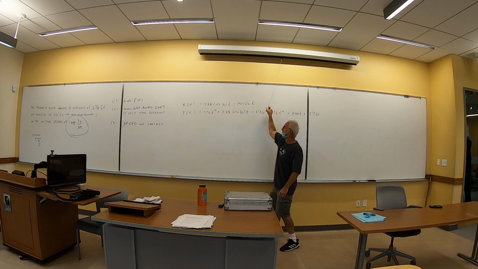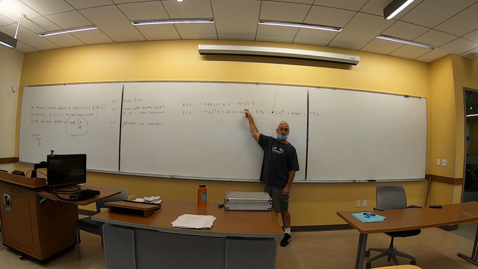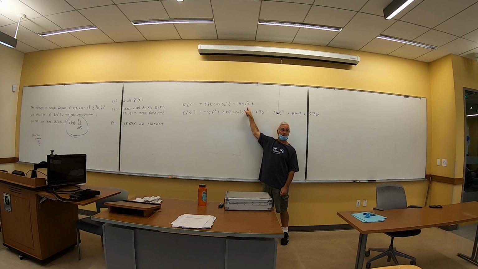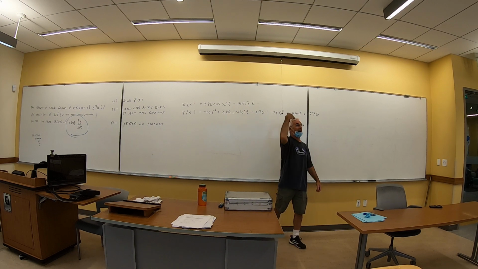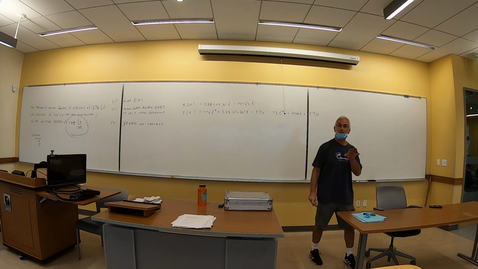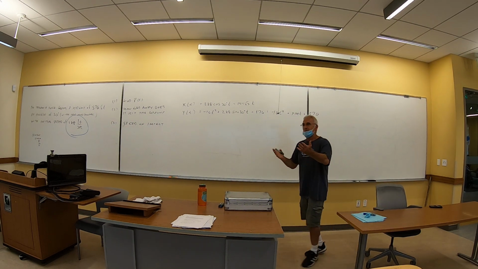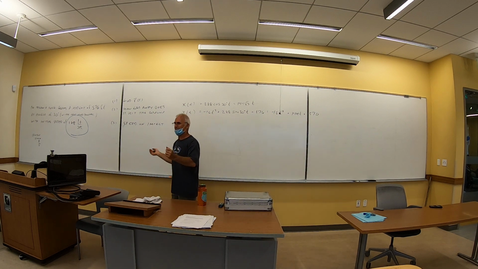This is not the answer. X of t is 144 root 3 multiplied by whatever time I put in. I can approximate that result. You do not approximate this. This is a coefficient. A coefficient is not the answer. The answer is what you get after you do the calculation. And I remind people of that because sometimes we have really bad habits. Pi r squared is the area of a circle.